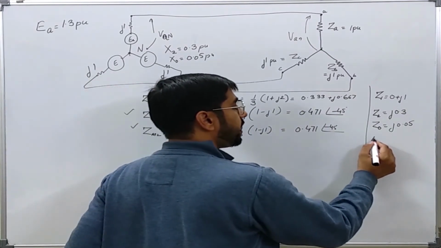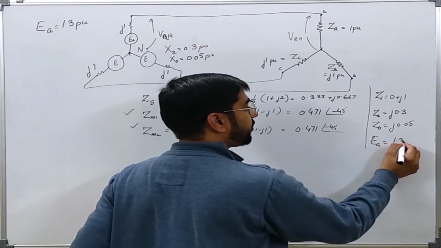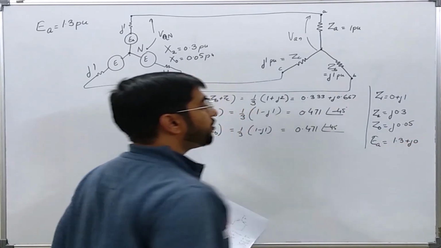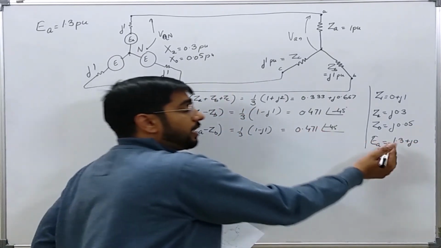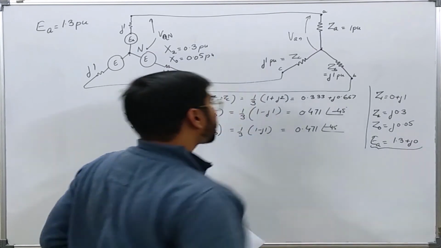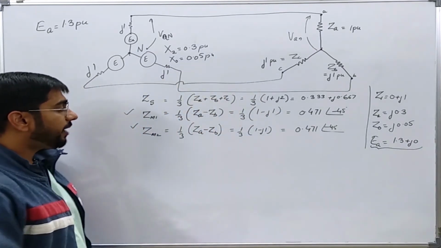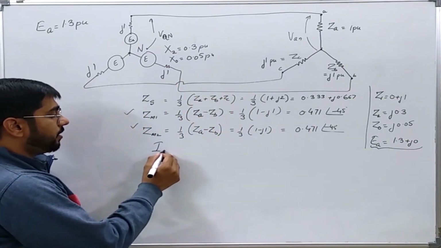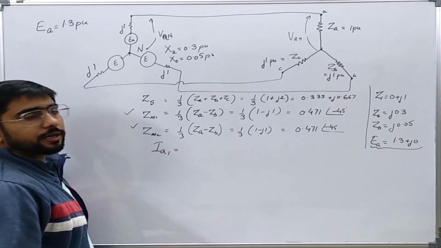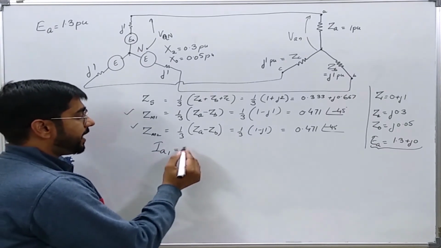And EA equals 1.3 plus j0 per unit, and we are taking a line-to-neutral base. Now we can find IA1 directly using the formula, equation number 7 or 8 of the previous slide.